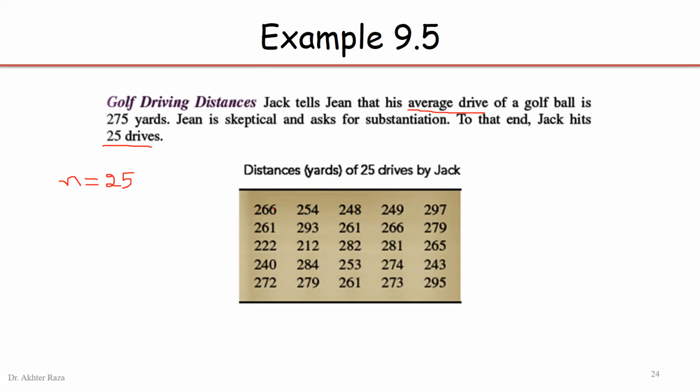First drive 266 yards, second drive 254 yards, and the last drive hit 295 yards. So this is our data. And what is to be checked in this? Whether the average drive for the whole population is 275 yards. This is the null hypothesis that we have to check.